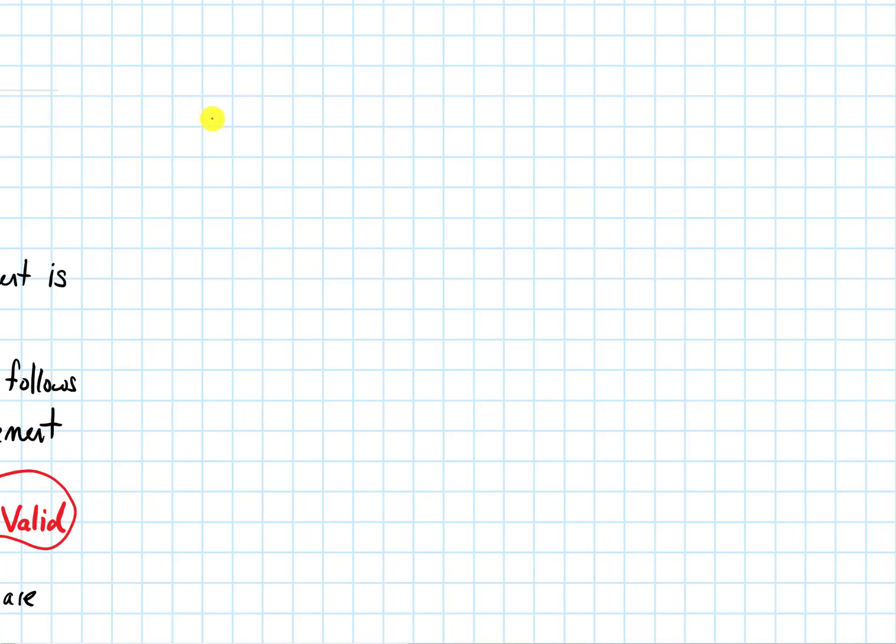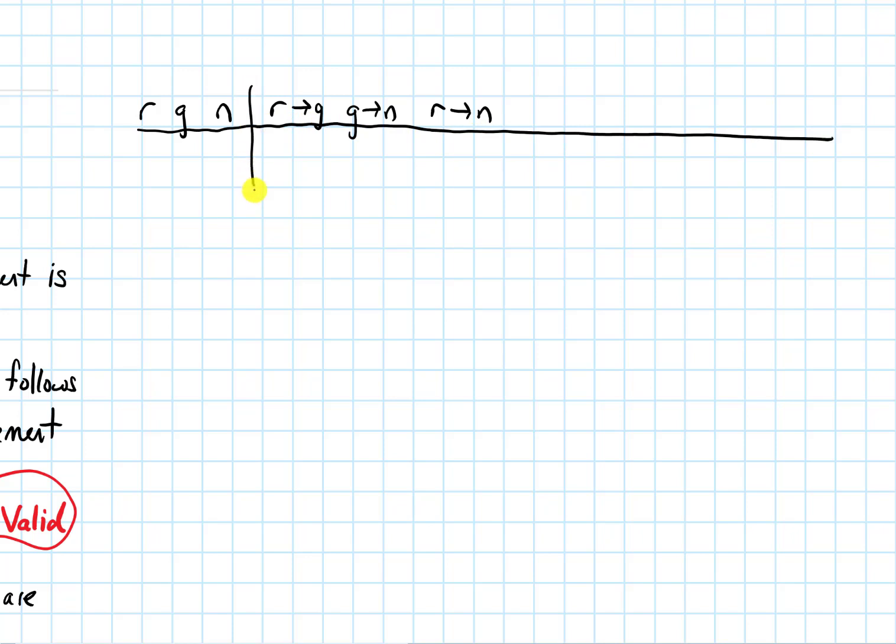All right, so let's start our truth table. We have these three basic propositions that we're starting it off with, R, G, and N. And then we have a bunch of implications. So we have R implies G. We will have G implies N. We also have R implies N. I'll put a horizontal line here, and I'll put these double vertical lines that separate the building block propositions from the ones that we get after that.